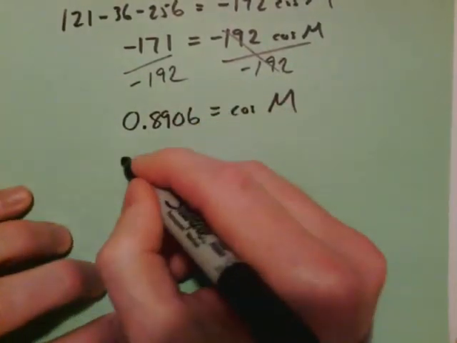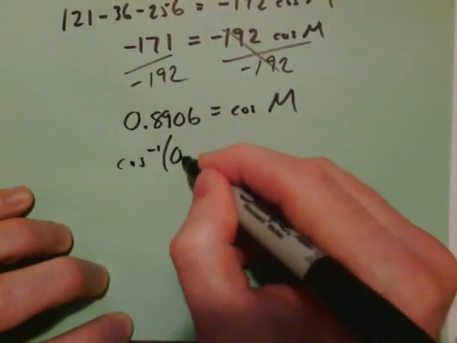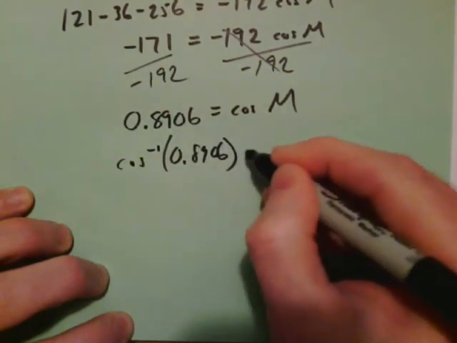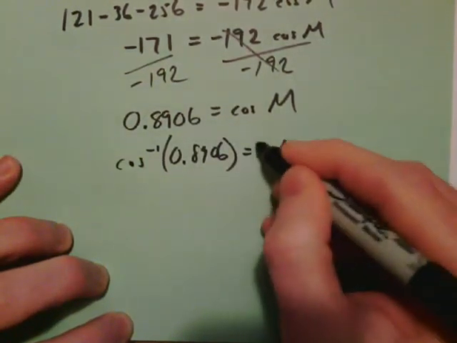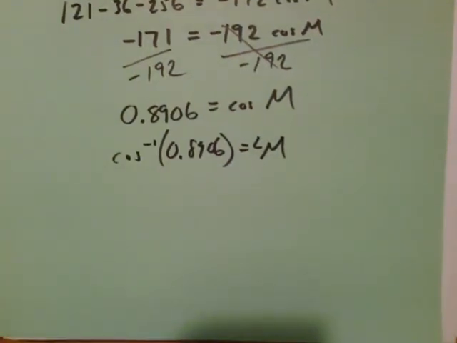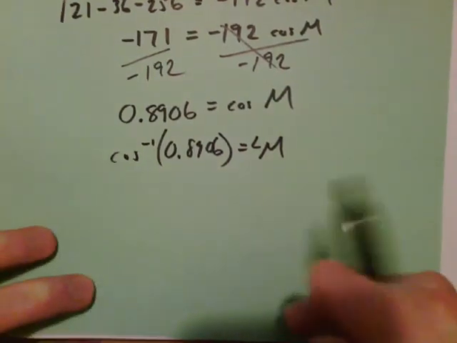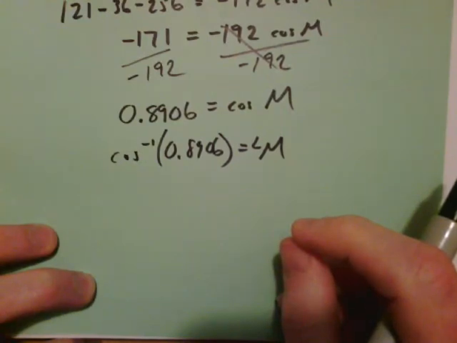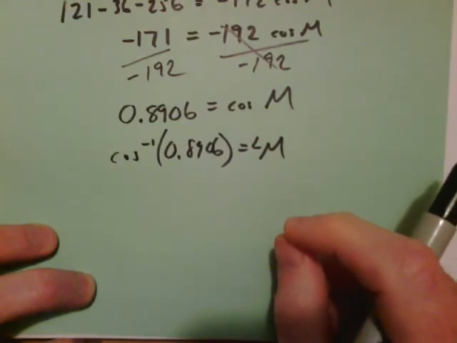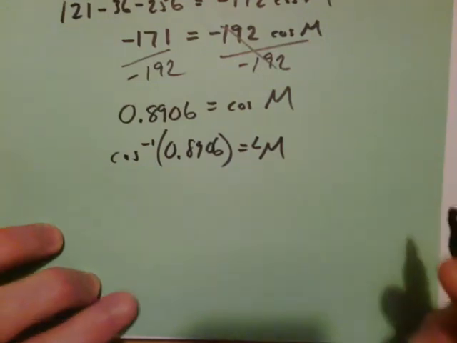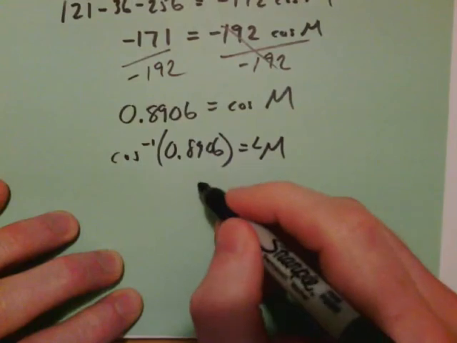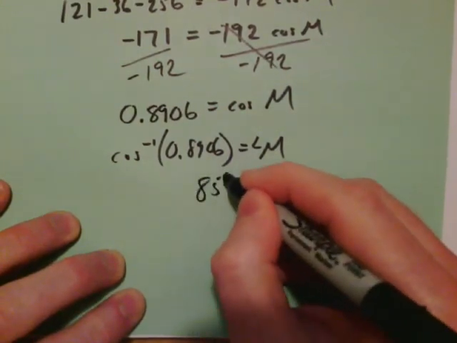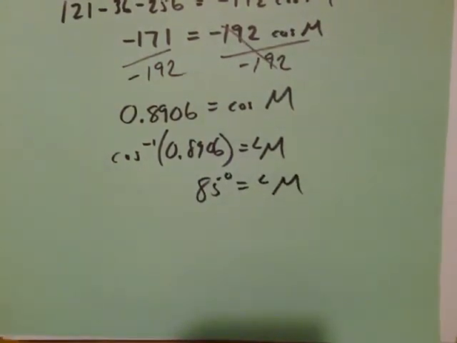So now we inverse cos this to get angle m. That gives 84.8, and to the nearest degree that'll be 85 degrees. So 85 degrees equals angle M.